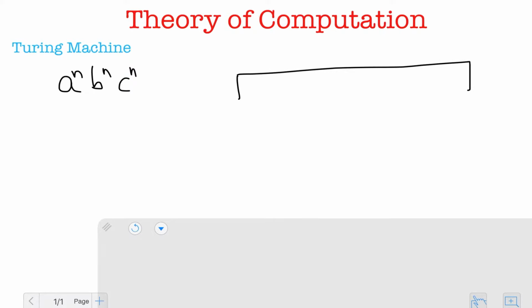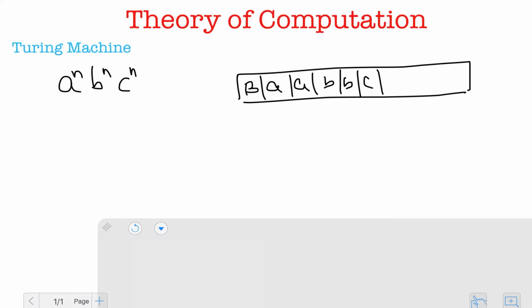Let's say we have a tape right here where I have an a, an a b b, and a c c, and a b again, and I can just write a b here as well, doesn't matter. So whenever I find the first a, I will change this to an x, then I will skip to the right until I find the first b and change it to a y.